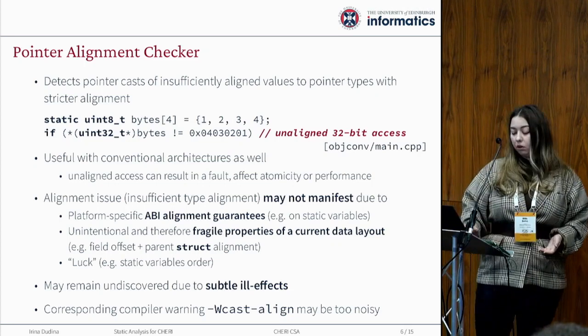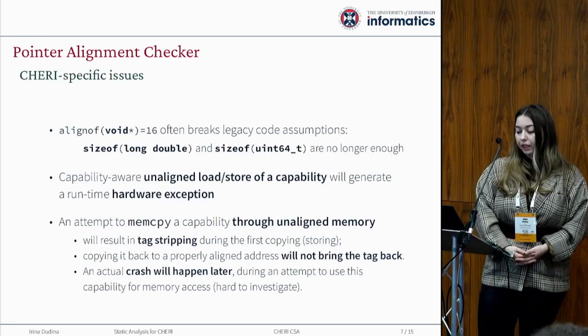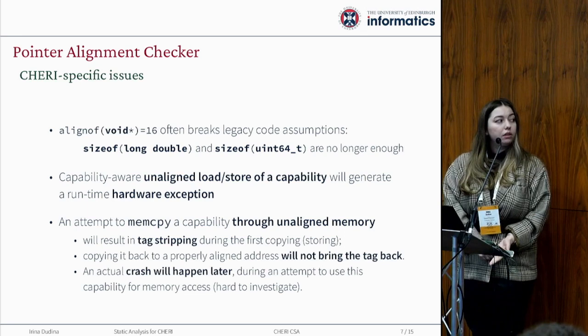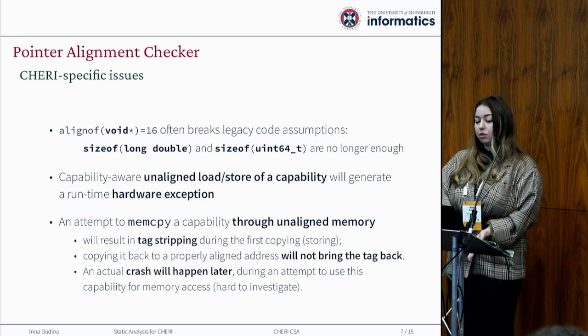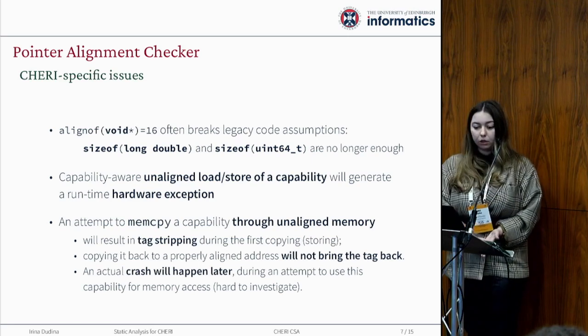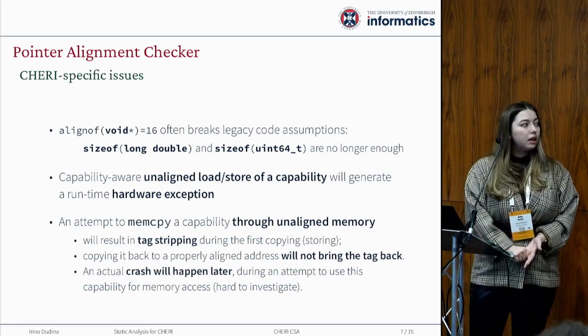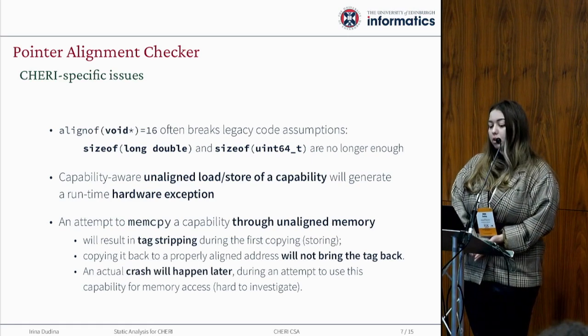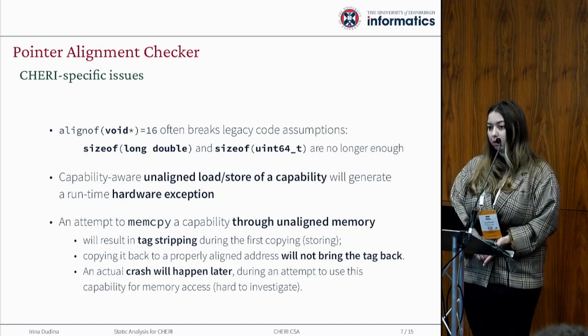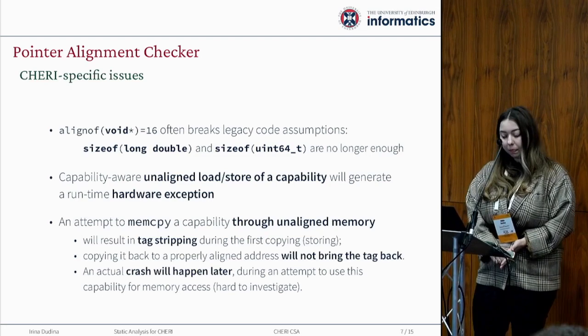And this is no longer true for CHERI capabilities, so we have some CHERI-specific issues. First of all, alignment of pointers increased to 16, which is a lot and not expected by many legacy code. Second, unaligned load or store of a capability will generate a runtime hardware exception, so this is not acceptable.